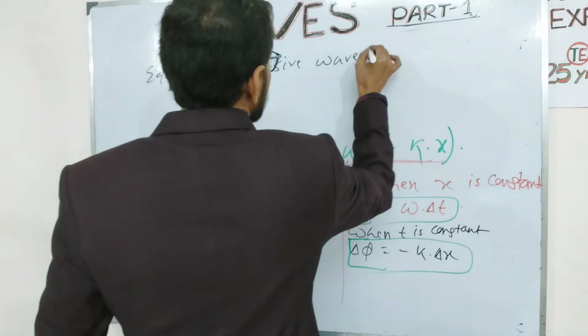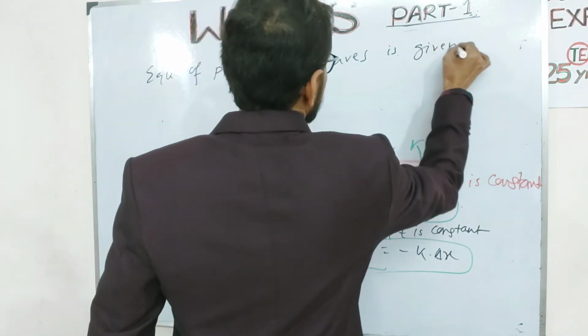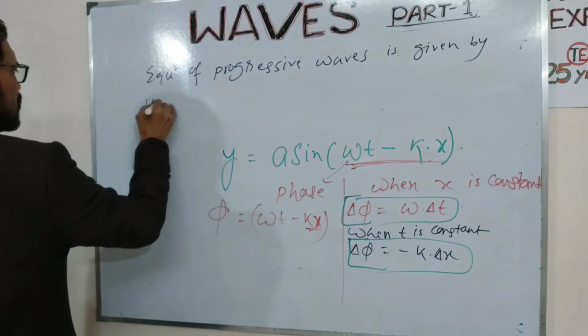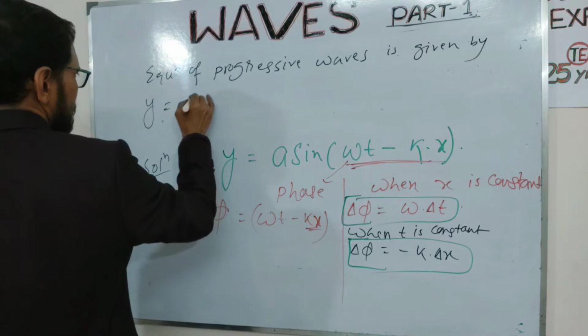The equation of progressive waves is given by y = 50 sin(…).